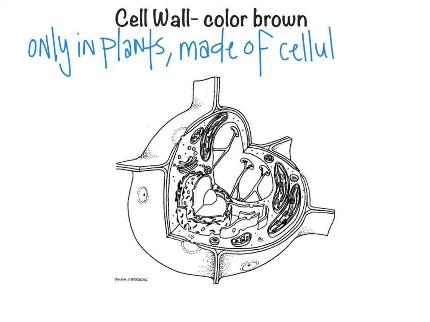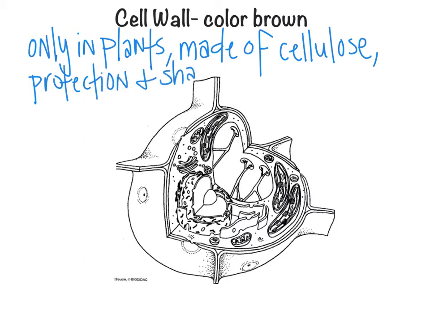Remember we said that was a complex carbohydrate, a polysaccharide. So it's made of cellulose, and it's going to help with protection and shape of the cell. Okay. So again, it's only in plants, it's made out of cellulose, and it's just an extra level of protection and structure and shape for a plant cell.